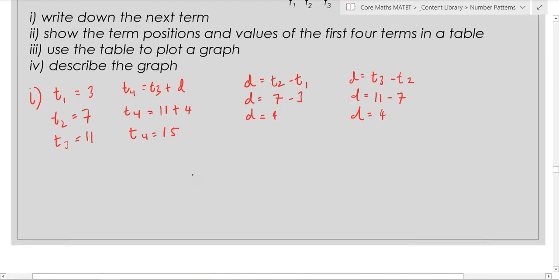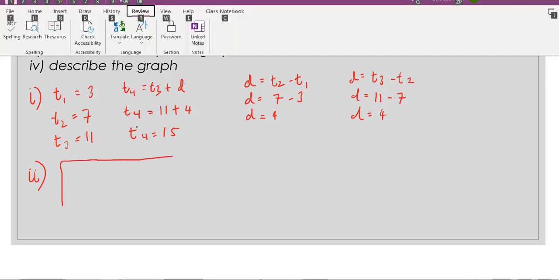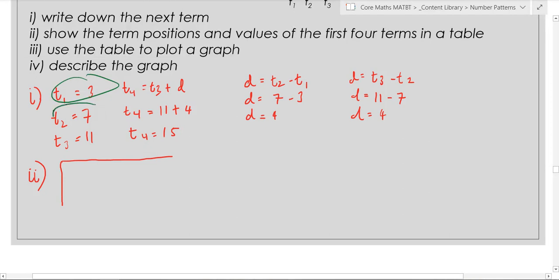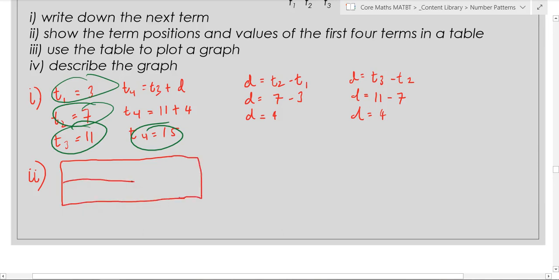Part 2, let's put these in a table. In terms of putting these in a table, this is what it's going to look like. We need to put the first 4 terms into a table. You'd put a table of values, or you could call that an X and Y table.